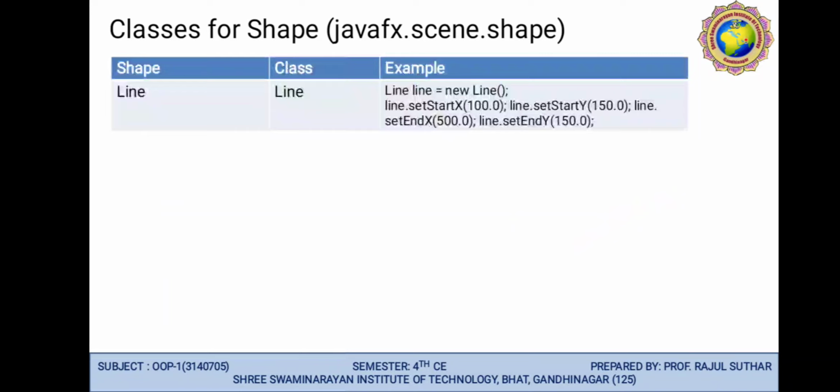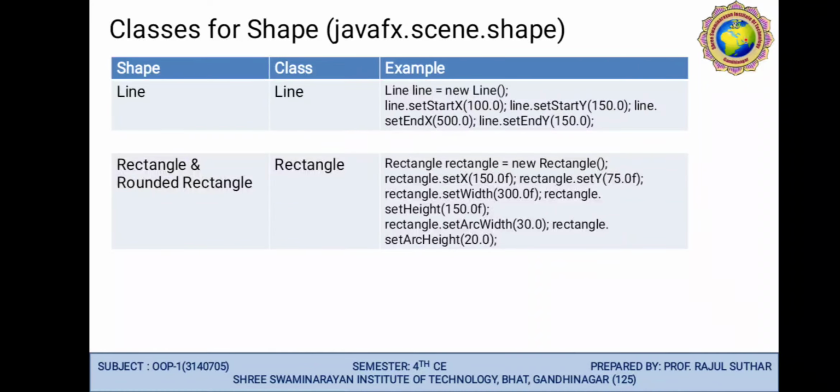Then set end x to 500, meaning the line runs from 100 to 500, and y remains the same, then we can draw the line. In the same way, we can draw a rectangle using this example by creating the object for a rectangle.